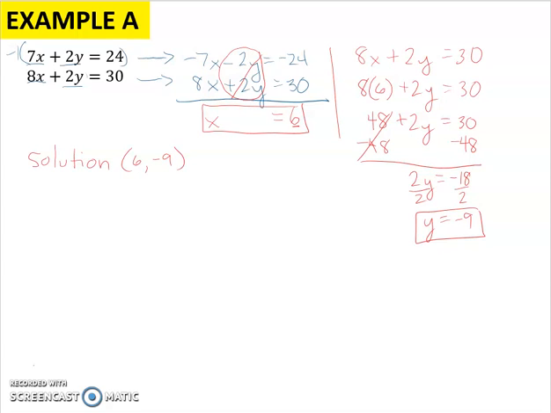But remember, we never celebrate until we've checked. So I'm going to check what I think it is by substituting into both equations, because if it's a solution, it has to make them both true statements, not just one. Always, always, always check both of them.